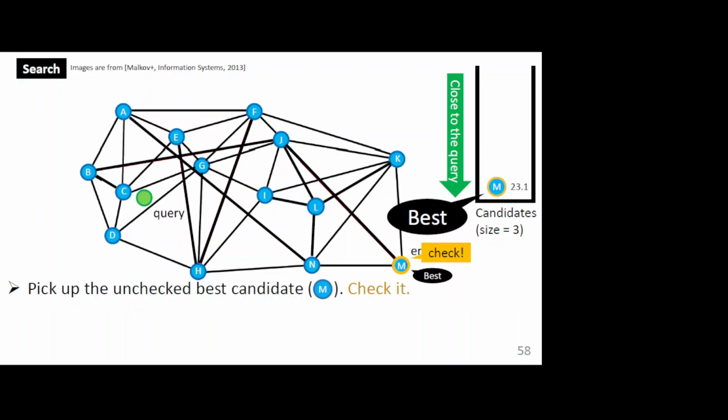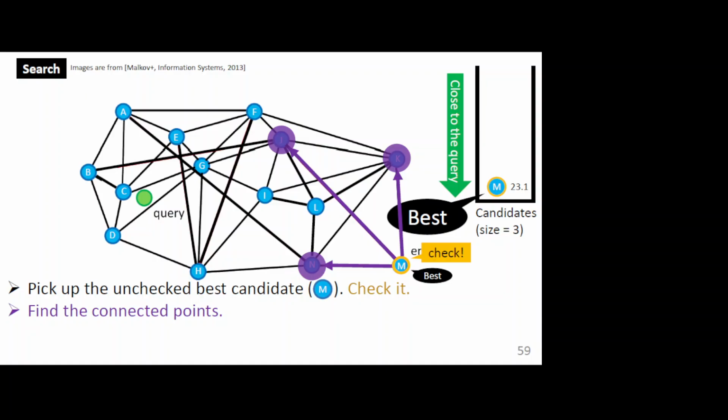We first check it. Check means we will verify its status, and label it as checked in this candidate bucket, with a yellow circle surrounding it. And we explore its neighbors.